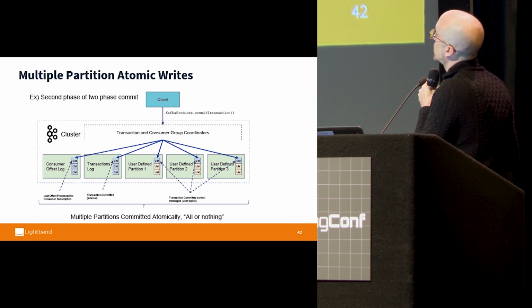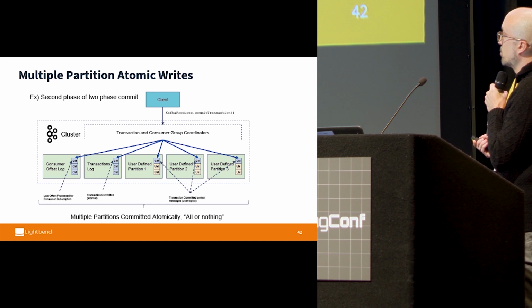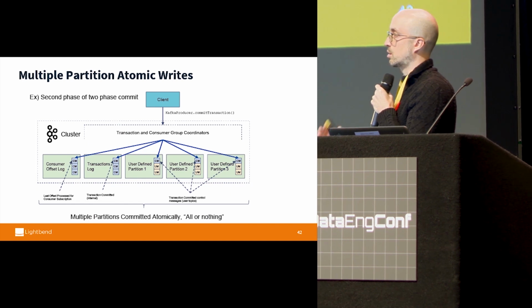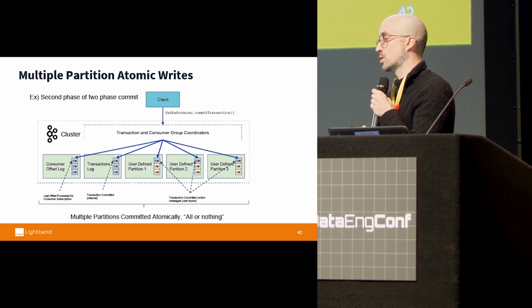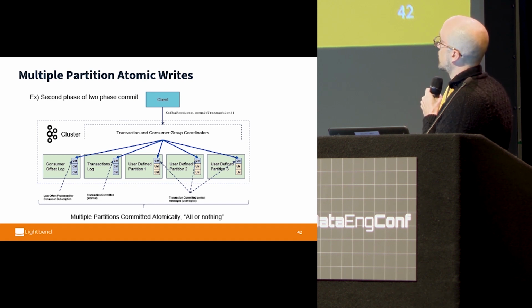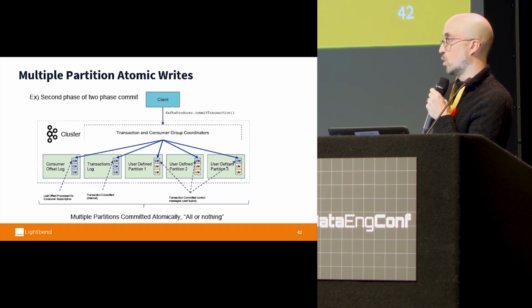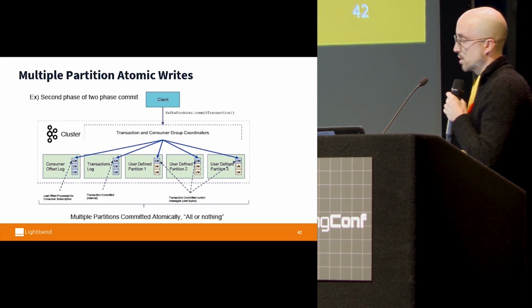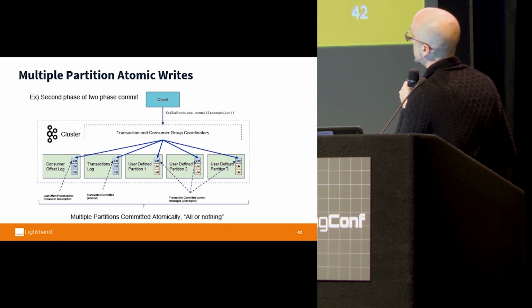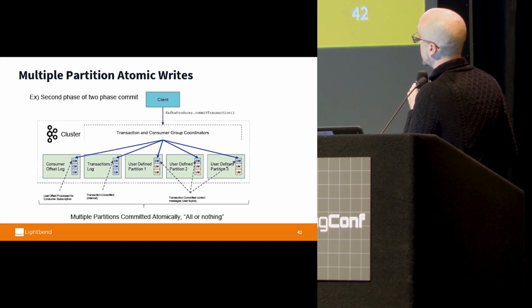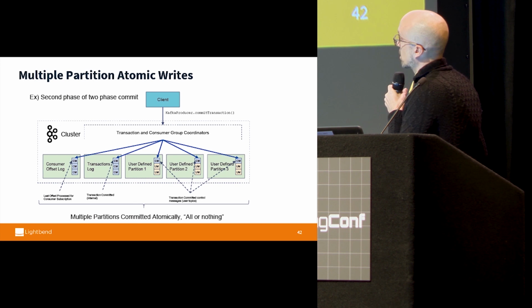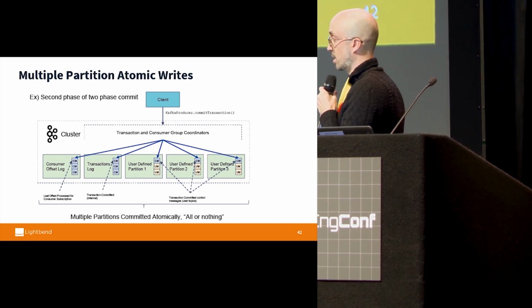And multiple partition atomic writes are required to make sure that the commit process guarantees that all the messages that were in the transaction, and all the messages that we consumed from our source topic have been read. Make sure all these things happen in one operation. So this is basically a two-phase commit. The first activity that happens when you commit a transaction is that it will update the transaction log with a message saying we're preparing to commit the transaction.